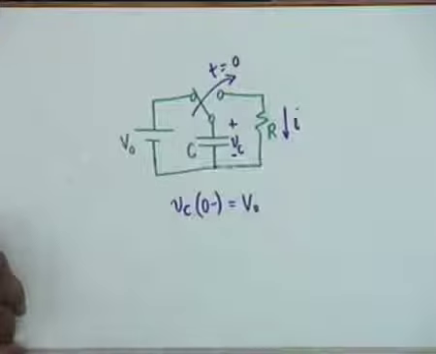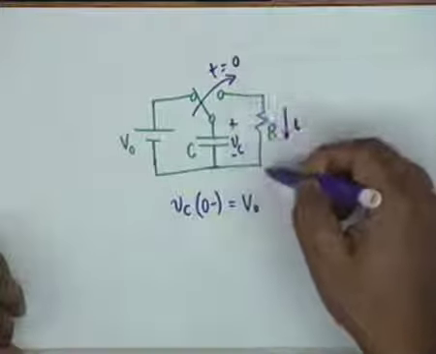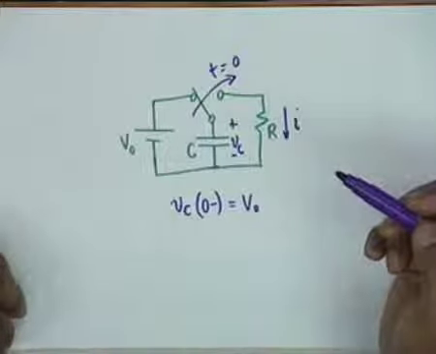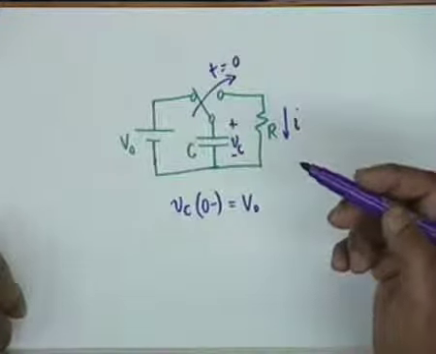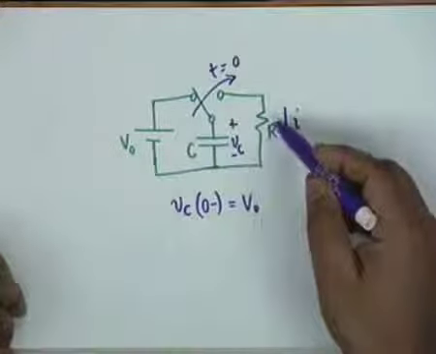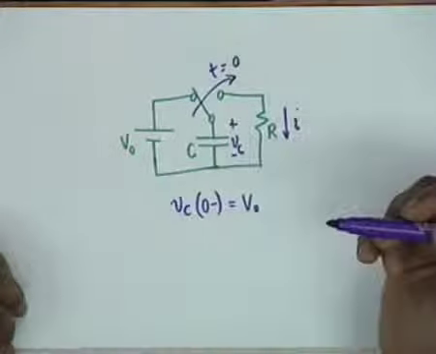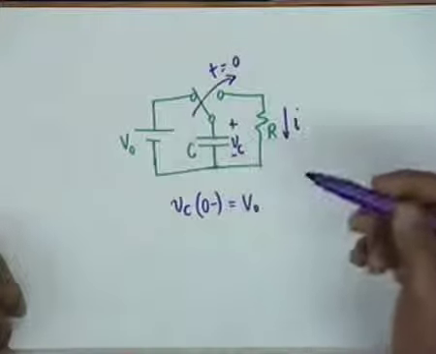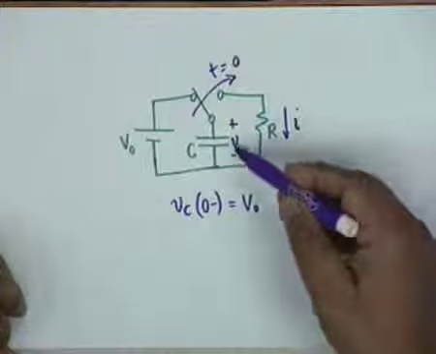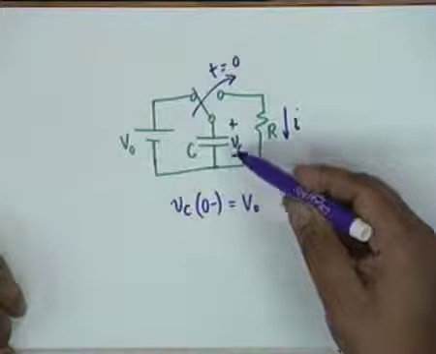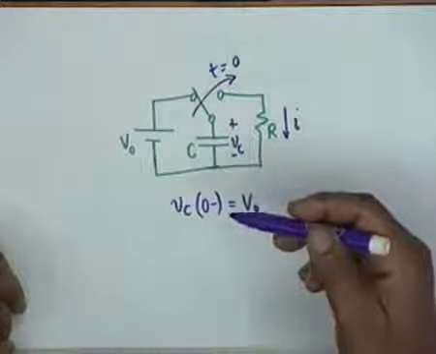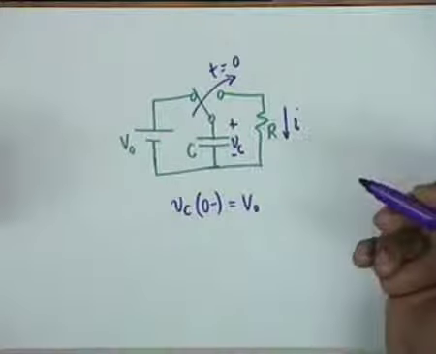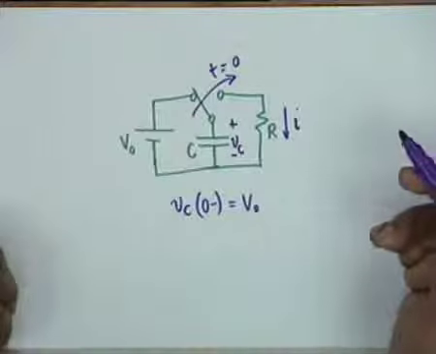Let this current be I, alright. It will try to send a current through R, and in the process the capacitor will discharge, or it will lose its energy. Gradually this energy will be lost in the resistance as heat dissipation, and gradually as time increases the current will decrease, the voltage across the capacitor will decrease, and it will take infinite amount of time for the capacitor to completely relax, that is completely lose the energy that it has contained.